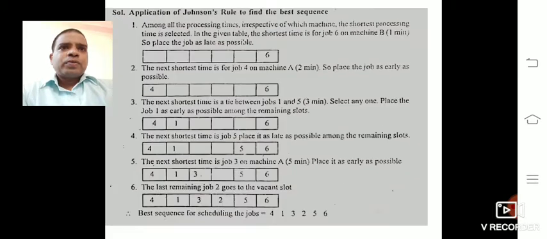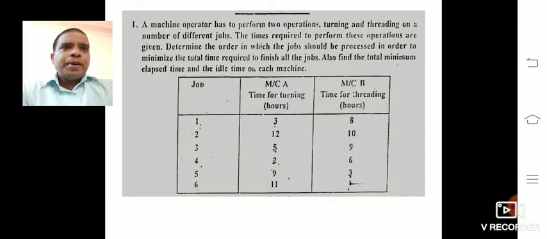Now we need to find the minimum time in machine A and machine B. Which one is the minimum time among all? You need to find the minimum time by considering the machine A column and the machine B column, both columns.